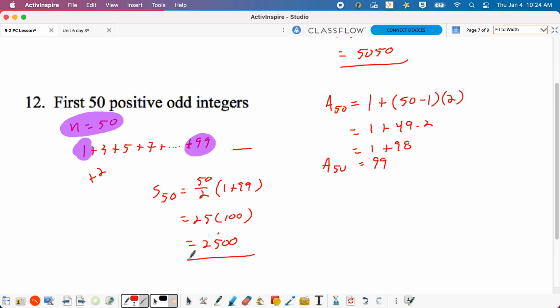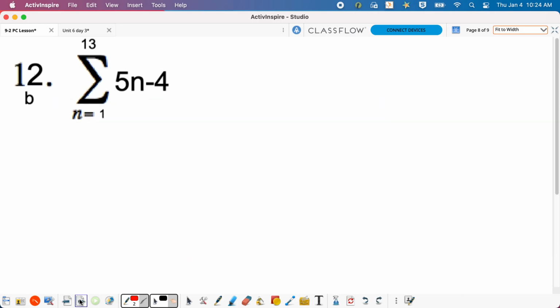So if we add the numbers, 1 plus 3 plus 5 plus 7 plus 9, and so on, plus 97 plus 99, all my 50 positive odd integers, they're going to add up to 2,500. If part of this doesn't make sense, rewind it, pause it, go through it so you can get through what you need. All right, I messed up my numbers.